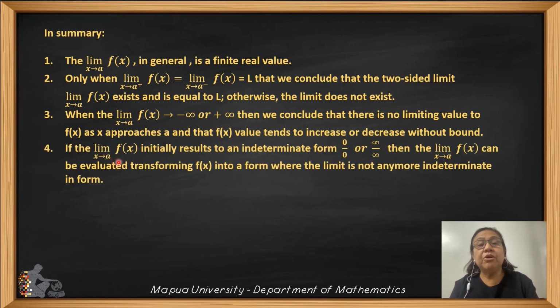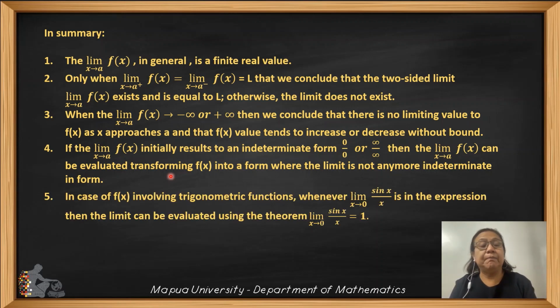If the limit of f of x as x approaches a initially results in an indeterminate form, either of the 0 over 0 or infinity over infinity form, then the limit can be evaluated by first transforming f of x into a form where the limit is not anymore indeterminate.